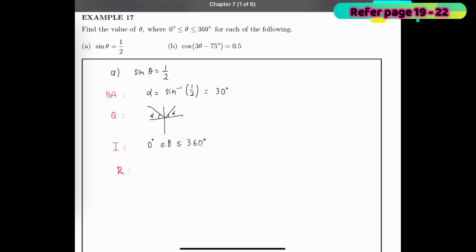So let's rotate. The first rotation is the basic angle, which is 30. The second one is 180 minus the basic angle, which is 150. So that's the answer.